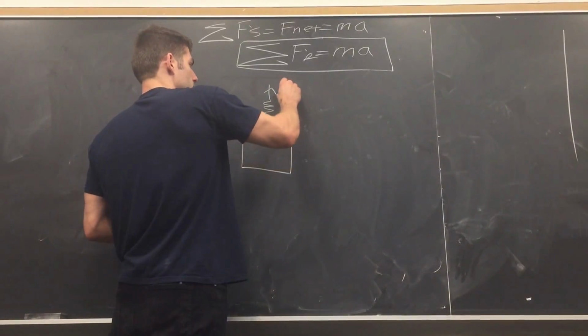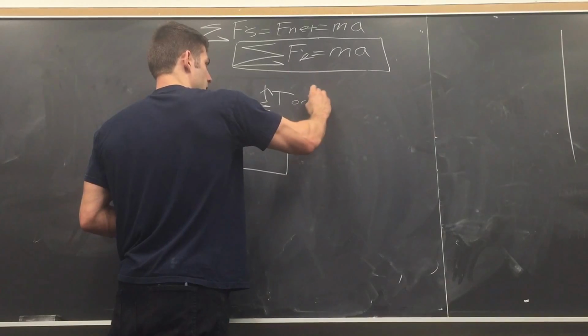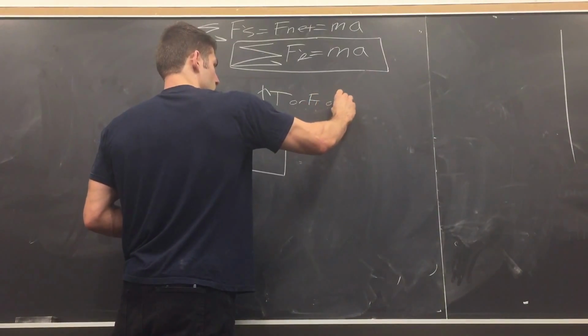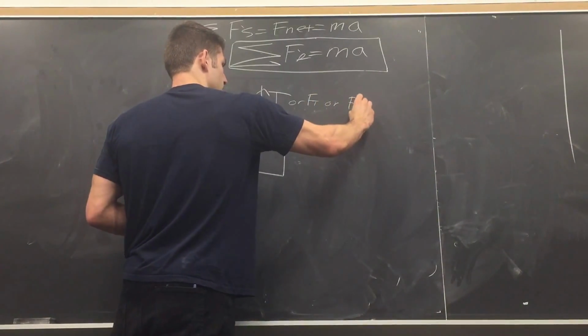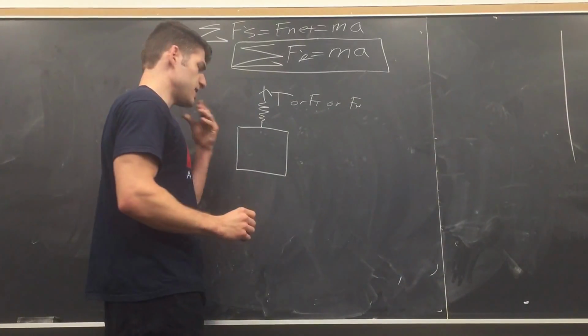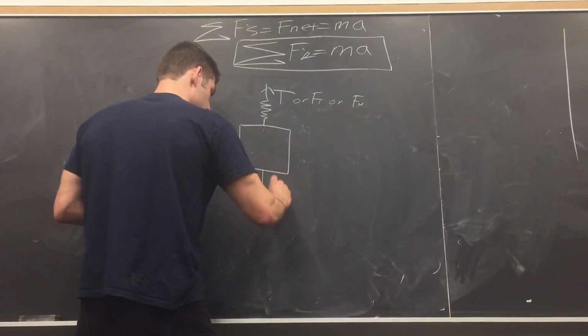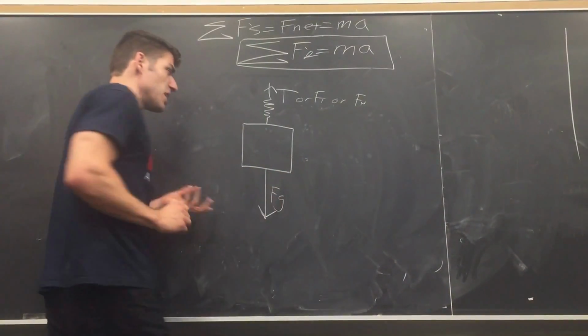So you'll see it as T, or F sub T, or F sub N, force normal. Pulling it upwards, and it's an elevator, it weighs a lot, it's in air, so the thing pulling it down is the force gravity. This is generally going to be the case.